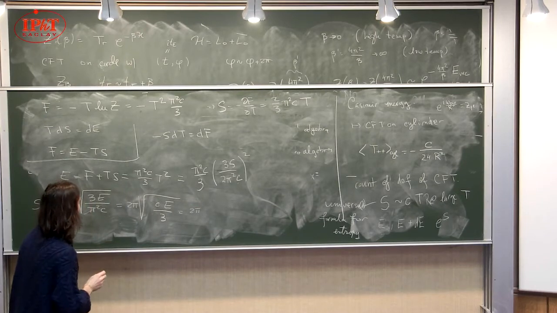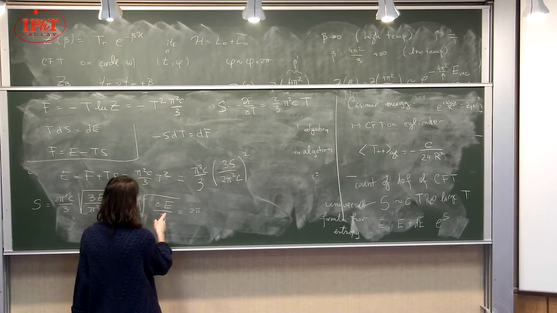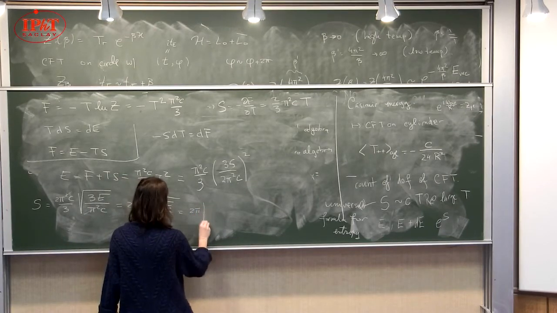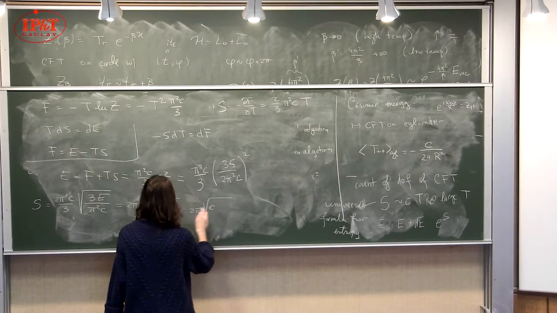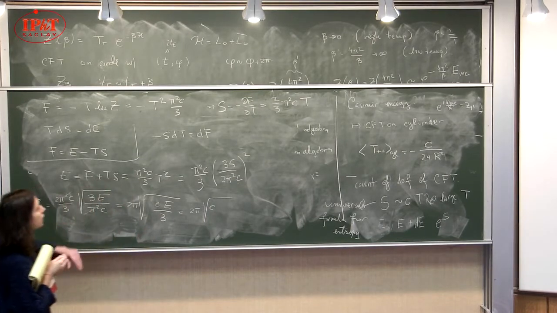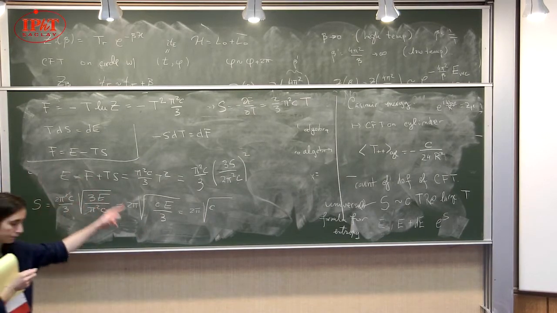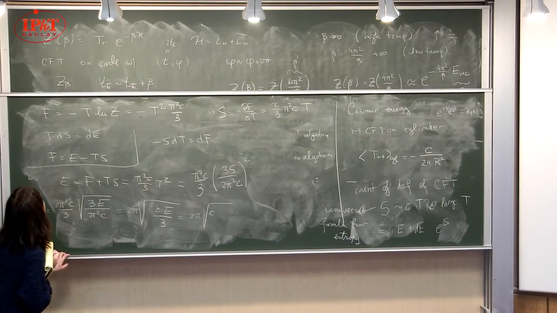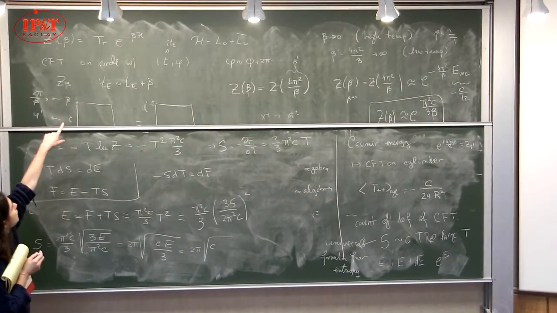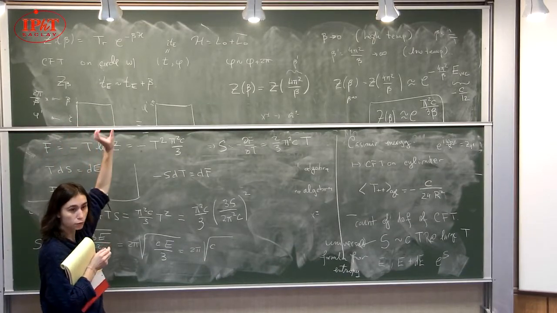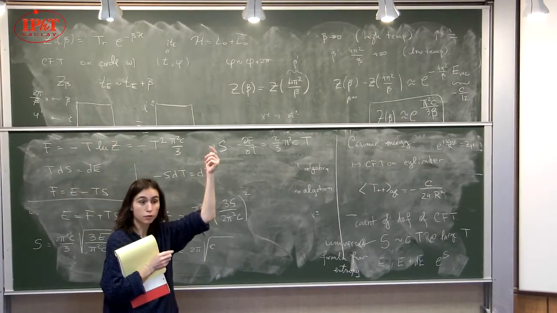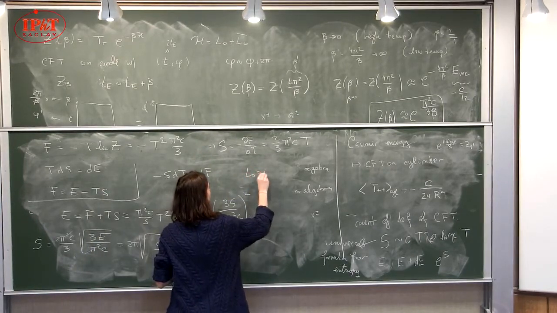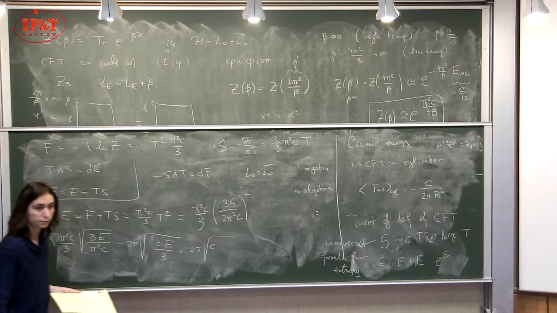okay, so now I want to write this in terms of L0. So it's 2 pi square root of c and E. So in this case, I didn't consider angular momentum along the circle. As you see, I only considered the trace of e to the minus beta H, but I didn't put a chemical potential for the angular momentum. So effectively, that was forcing me to have L0 equals L0 bar. Okay.